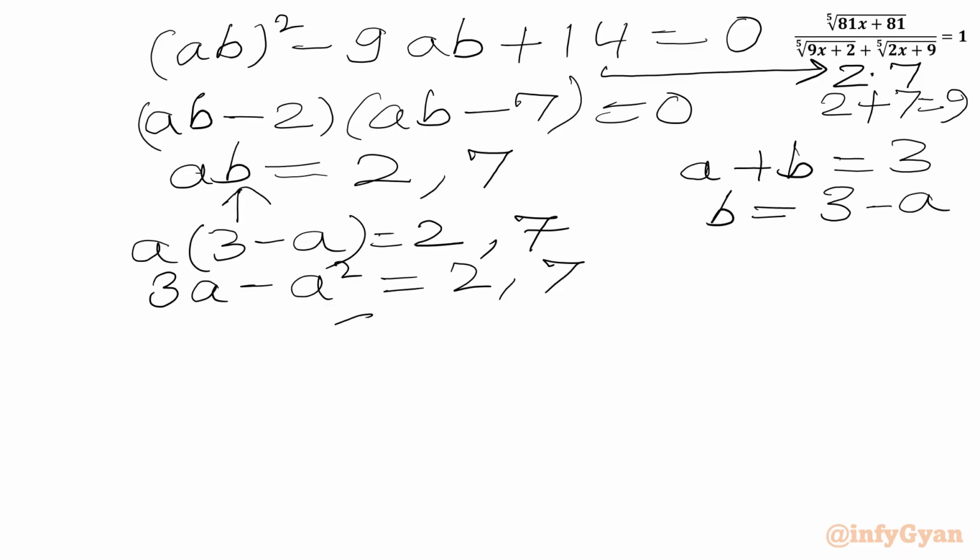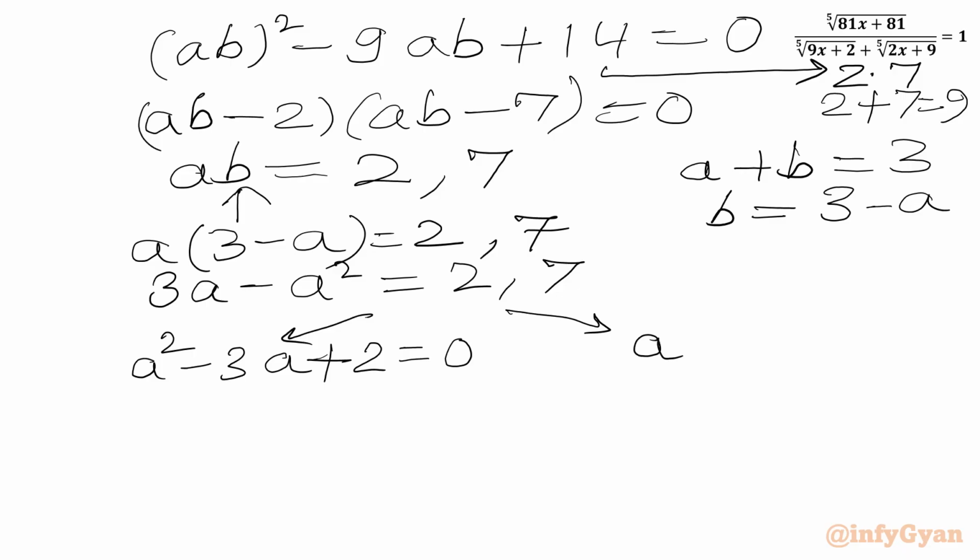Now we will frame two quadratic equations, one with 2, another with 7. So I can write A square minus 3A plus 2 equal to 0. This is our first quadratic. And the second equation would be A square minus 3A plus 7 equal to 0.